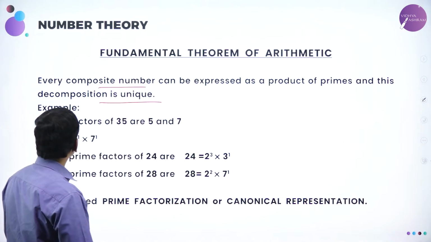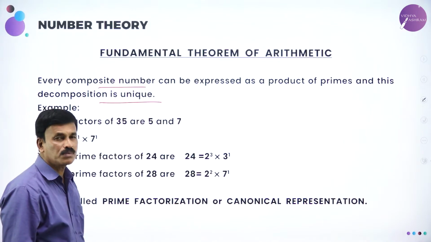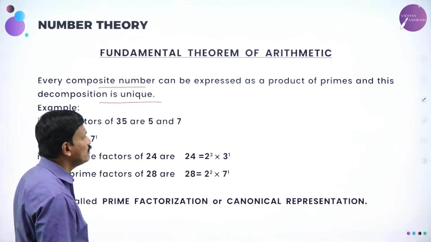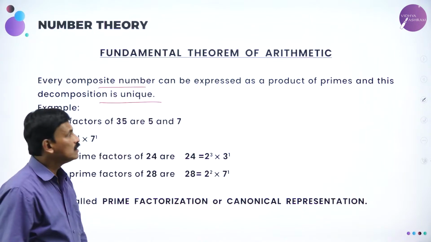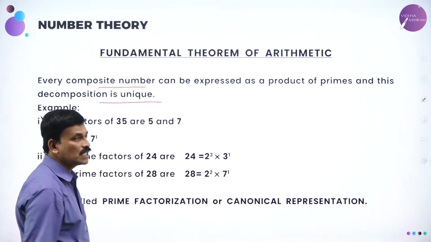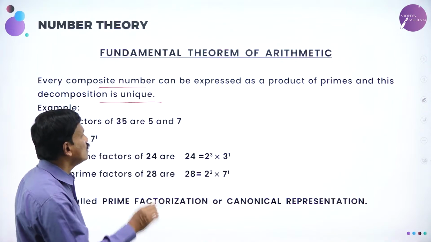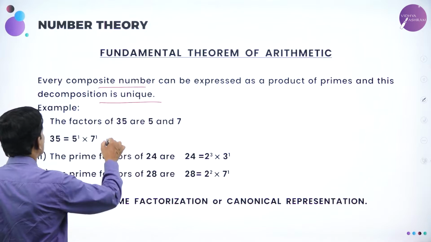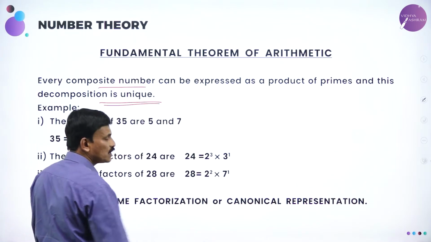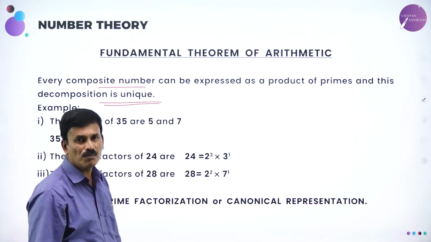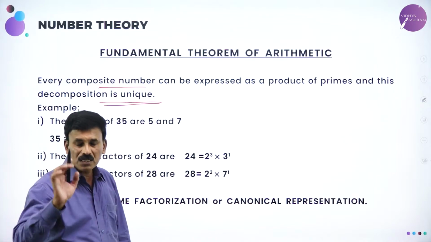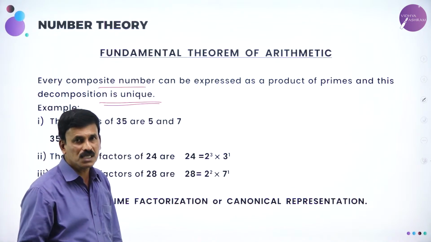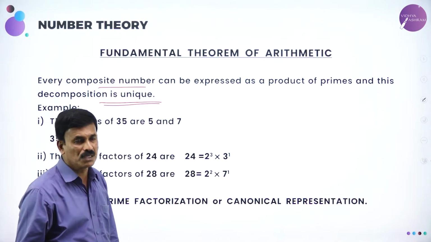Any composite number can be expressed as the product of its prime numbers.